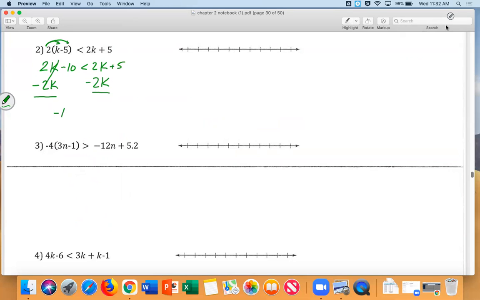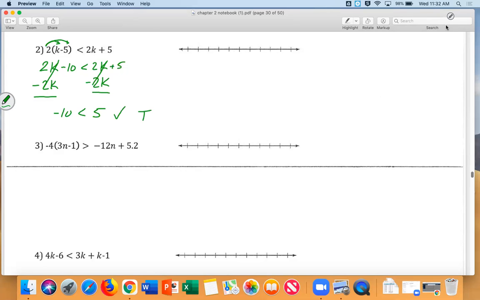And we notice this, Jules, that the k's cancel out. And is negative 10 less than 5? Wait, what? Is negative 10 less than 5? Yeah. So this is a true statement.